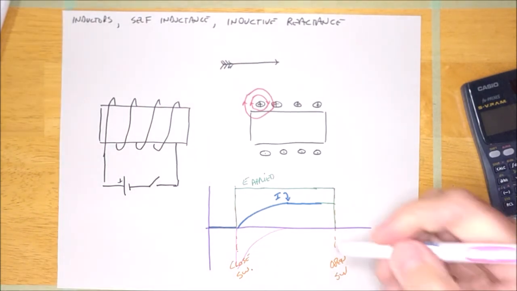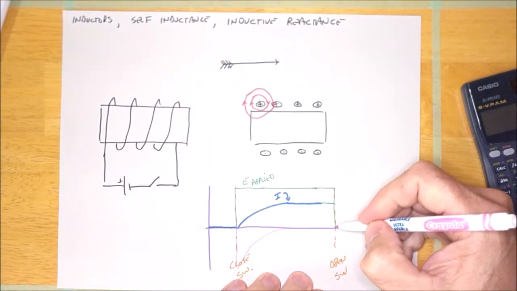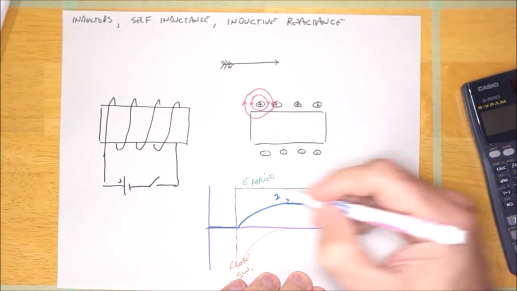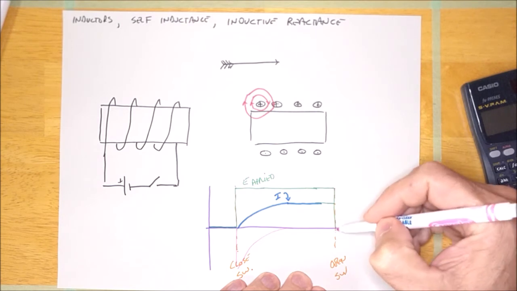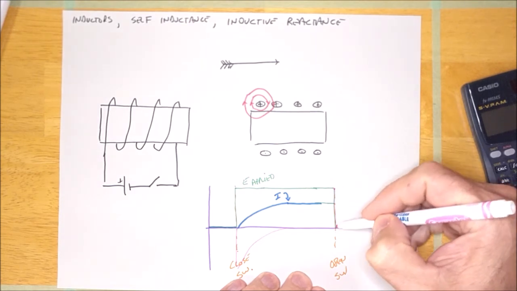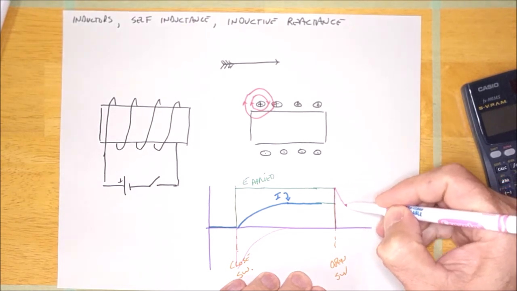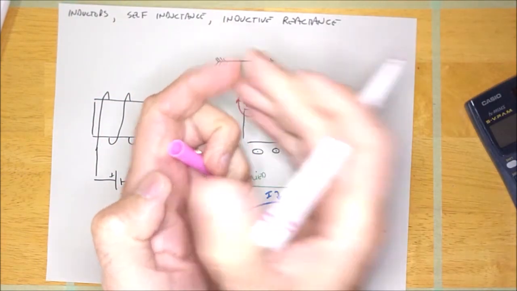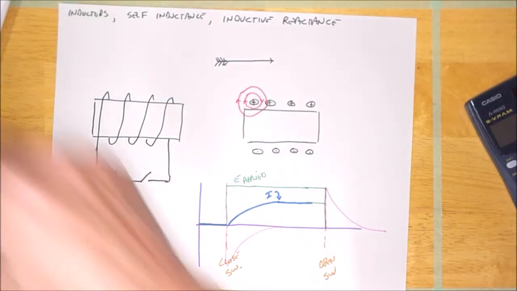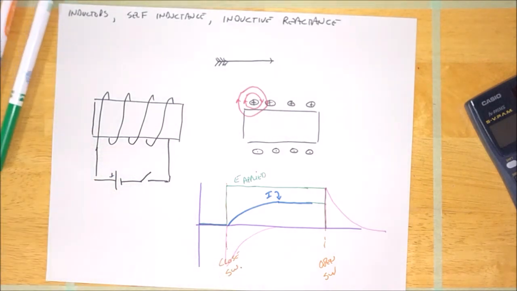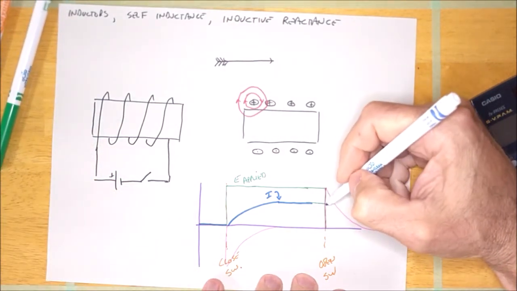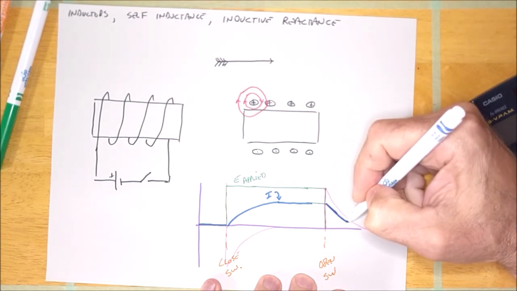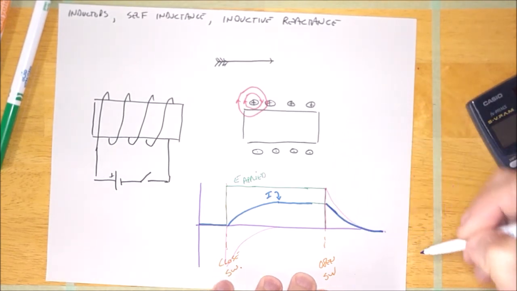And so once again, I get an induced voltage here, guys, and it is, in this case, in the same direction as the applied. So even though I've turned the applied voltage off, I get an induced voltage spike here again, which trails away like this as that magnetic field collapses and stops collapsing. And what that causes is the current will tend to want to continue to flow, okay guys? So it'll flow like this and then eventually be zero.